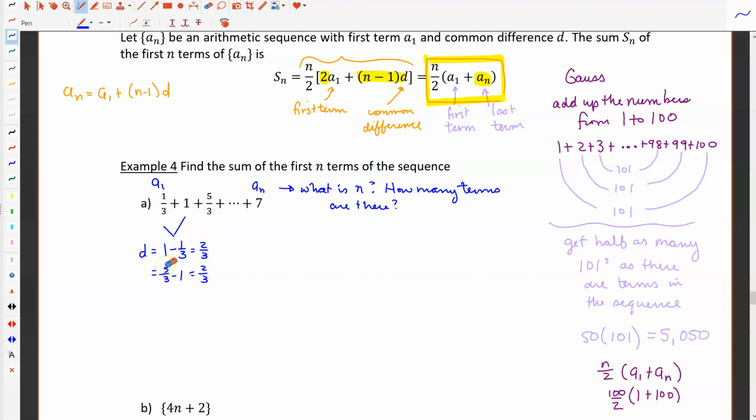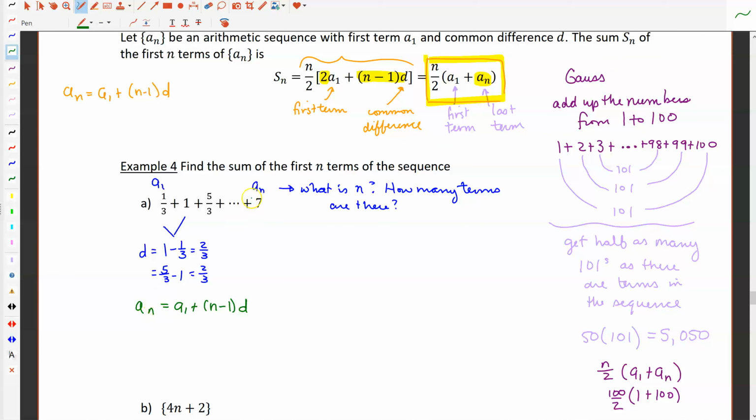So given that information, I'm going to be able to use my general formula, a sub n is equal to a1 plus n minus 1 times d. Now we have a lot of formulas floating around. I would strongly encourage you to always start your work with the formula before you start substituting numbers in. It helps commit those formulas to memory.